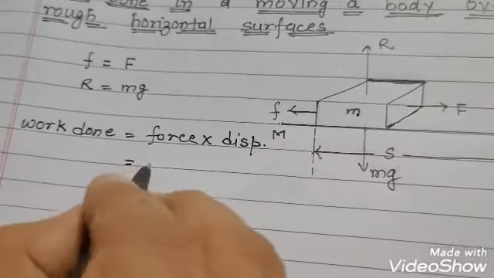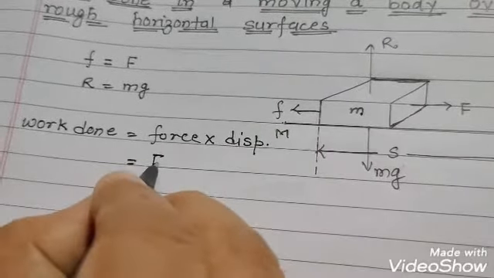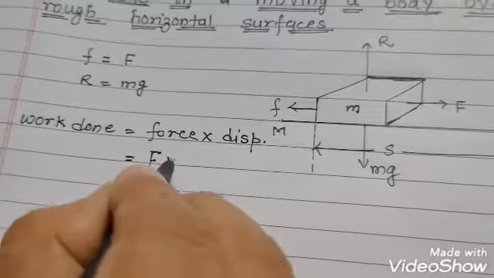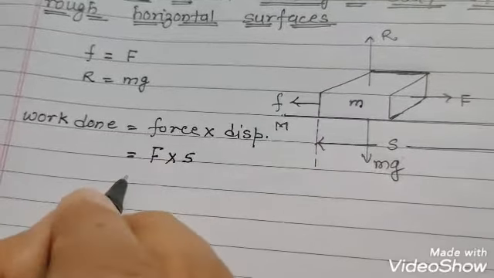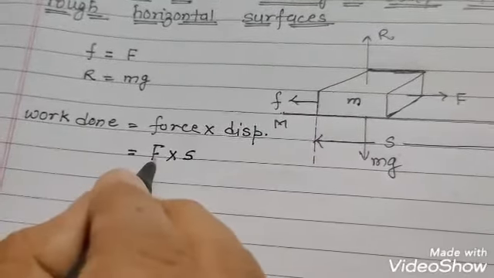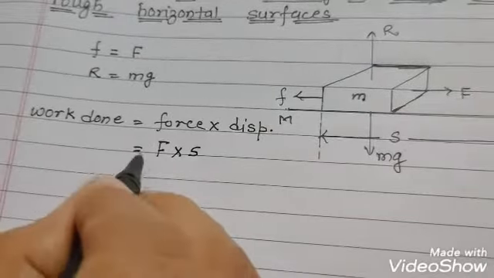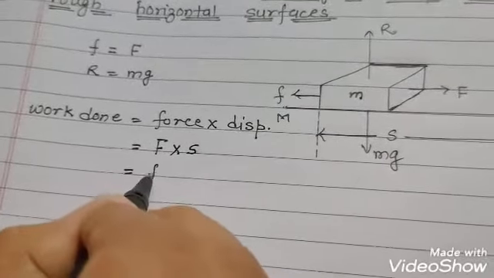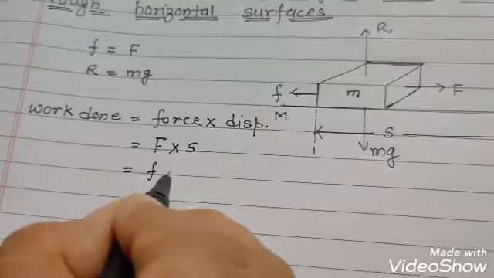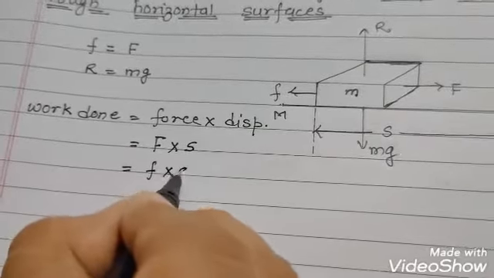The force which is working here is the applied force F, and the displacement is S. The force F is balanced by the friction force, so we'll write this as small f into S.